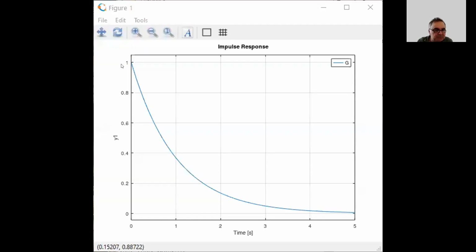So this is the impulse response. It starts from here. The impulse you suddenly put on the system acts like an initial condition, and then it goes to 0. It is an exponential decay, exactly an exponential decay. So this is the first order system response.